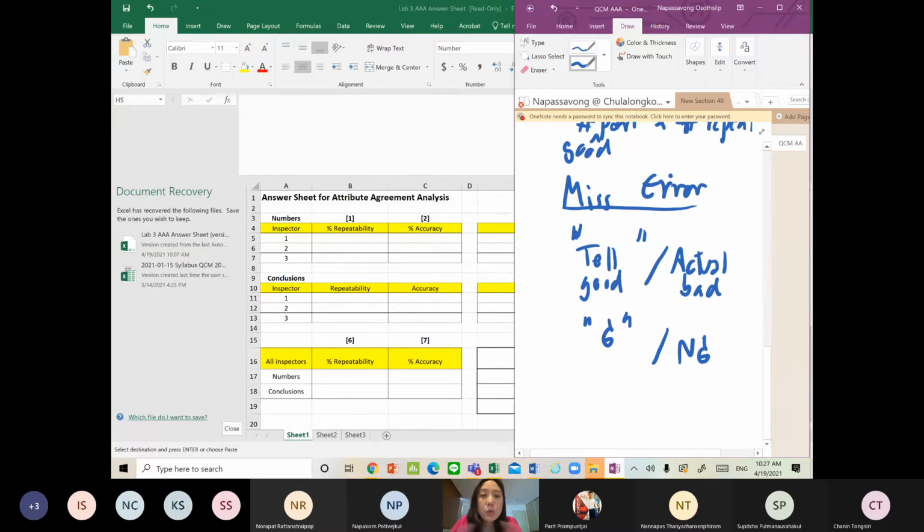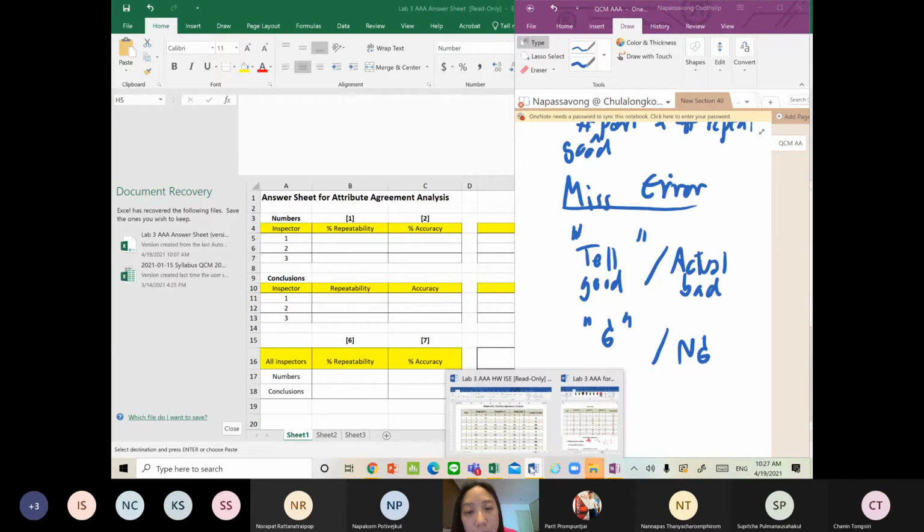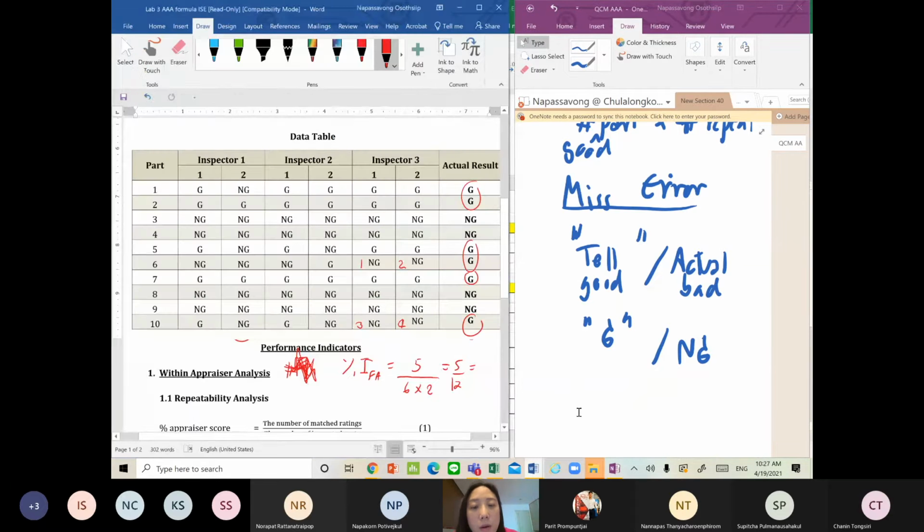So you would do the same thing for miss. For example, you have to take a look at the NG parts, and there are 4 NG parts, right? So there will be 8 opportunities for telling NG.